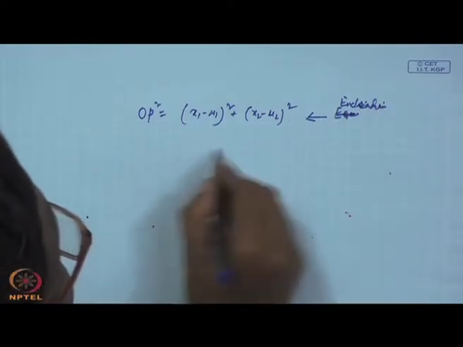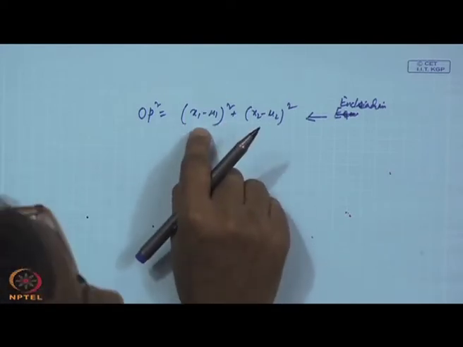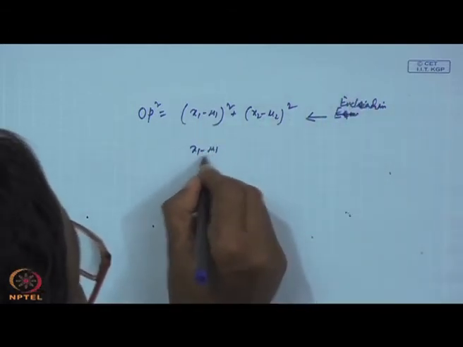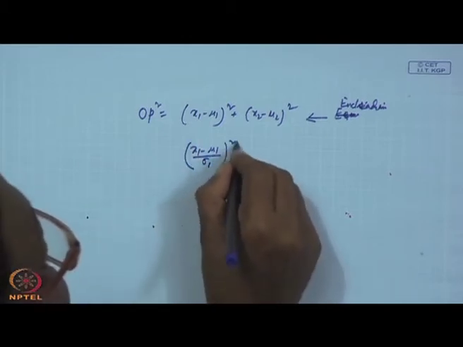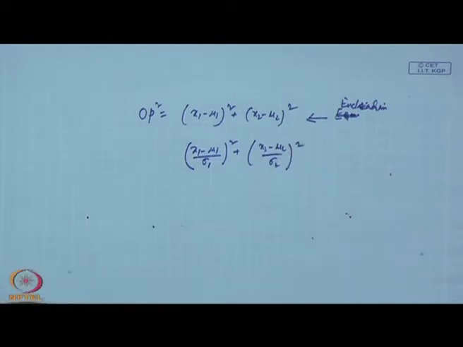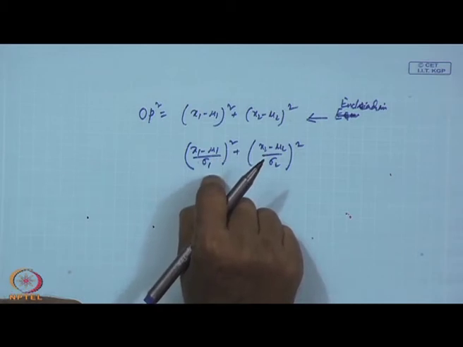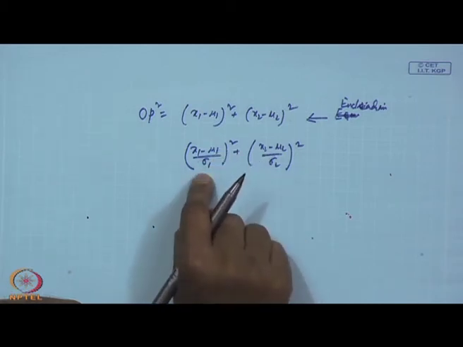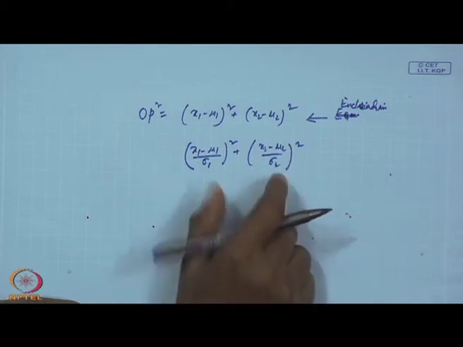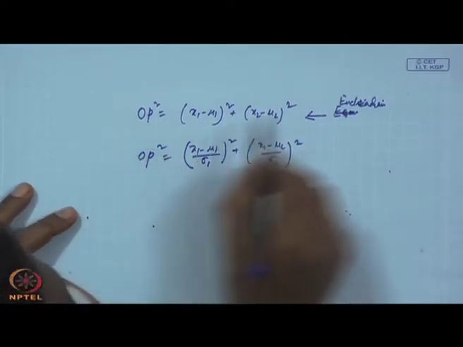Instead of this, if I give weightage to the observations by its variability, I can write it like this: x1 minus mu1 by sigma1 square plus x2 minus mu2 by sigma2 square. That means the mean-separated observation is weighted by 1 by sigma1 as well as 1 by sigma2, depending on the variable. So, if I write this as OP square, is it not an equation of an ellipse?